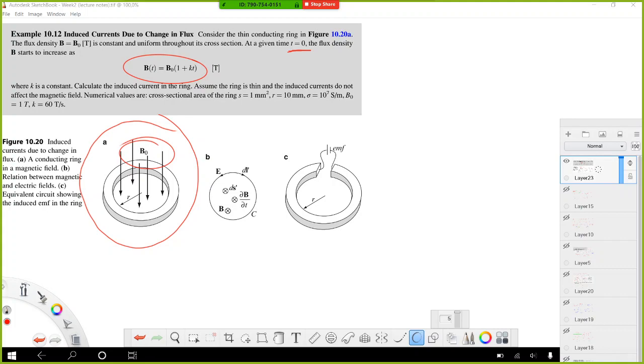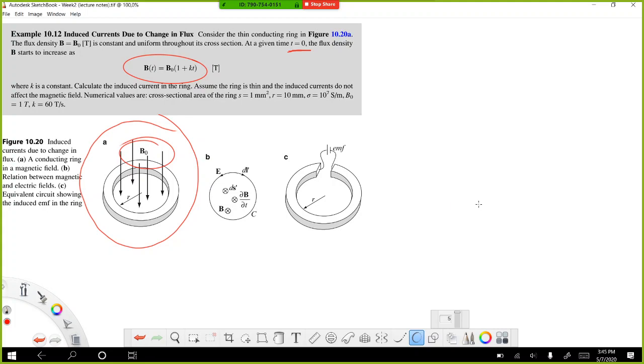Well, let's start with the first method. Change in flux density produces an electric field, and this electric field produces the electromotive force.